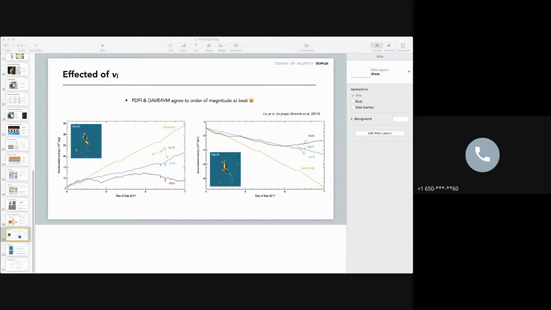The thing I want to point out is that PDFI and DAVE4VM, when they are tested on ground truth MHD simulation, radiative MHD, perform relatively okay, and the correlation is like 90% something. You won't see such a big difference there.